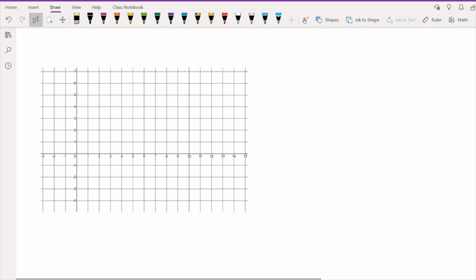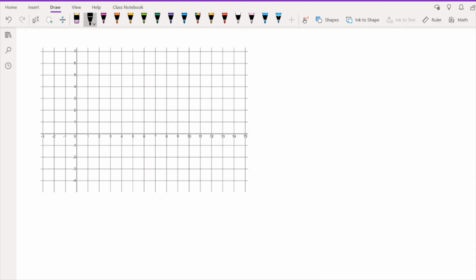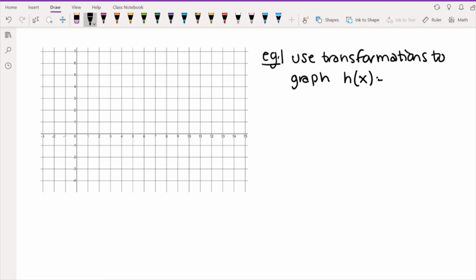Let's look at another one. So in this case, we're going to use transformations to sketch or to graph H of x is equal to the square root of 1/3 times x.